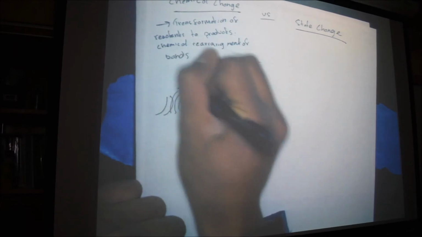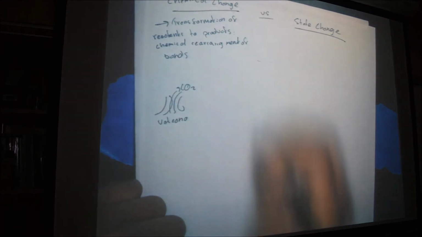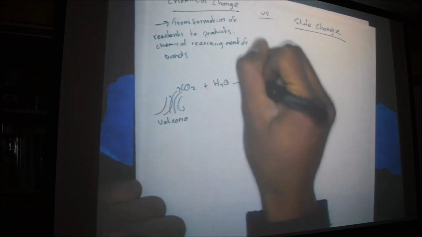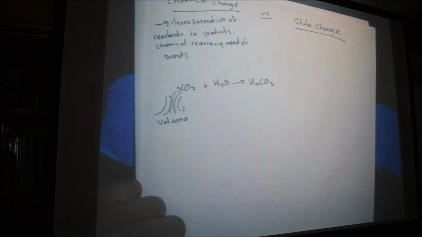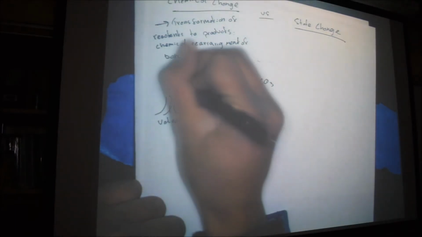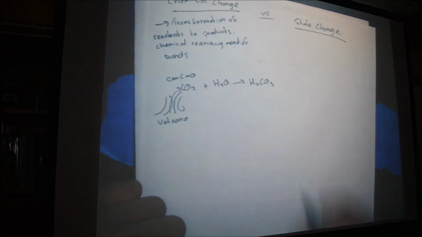is when you have CO2 coming out of a volcano, and it's being added to H2O, those two things come together to form carbonic acid. Now I told you, it's a chemical rearrangement of bonds. If you look at the chemical structure of CO2, it's a C with two double bonds coming out of each side.